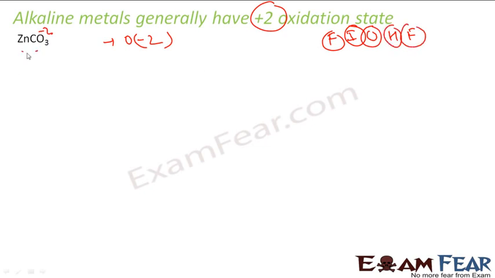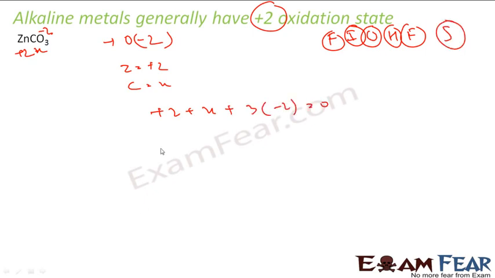So I have two unknowns, zinc and carbon. What will you do? Then we'll use this. So zinc will become +2. And carbon is X. So we'll solve this. Zinc is +2, carbon is X, plus 3 into -2, and the total sum is 0. With this, you get X as 4. So carbon has an oxidation state of +4.